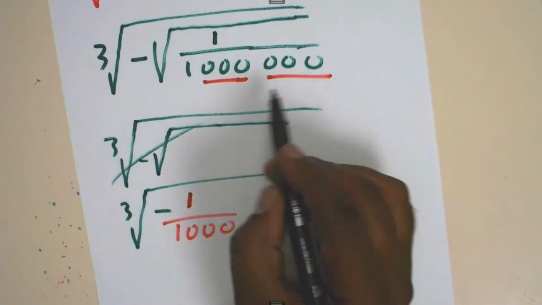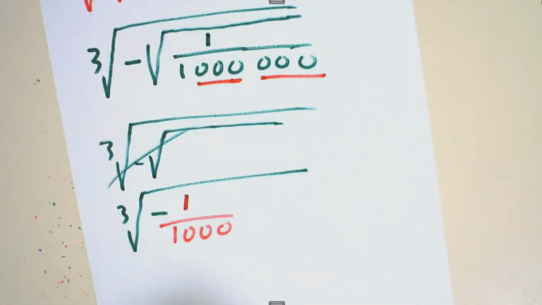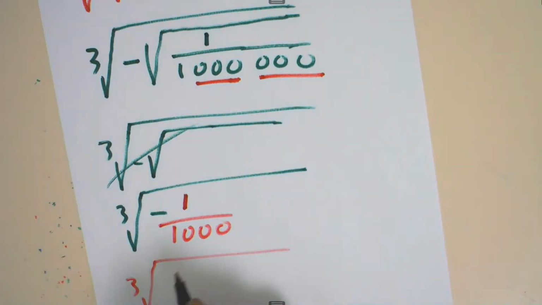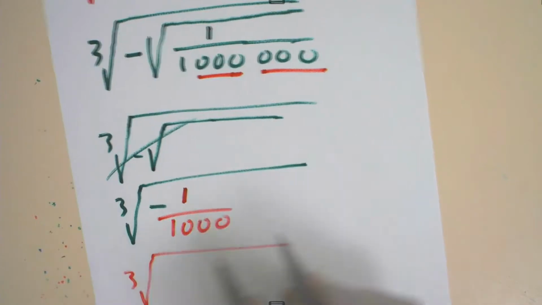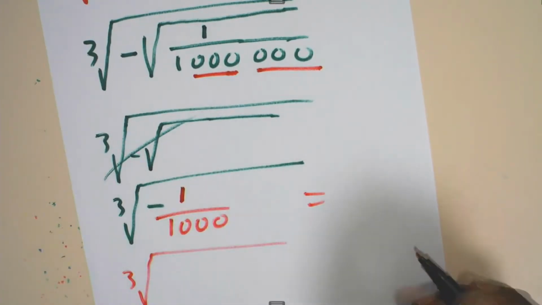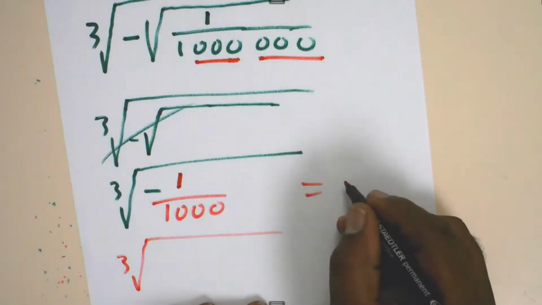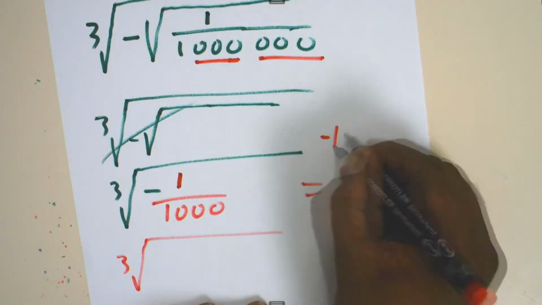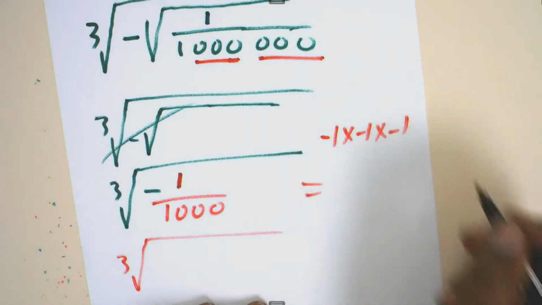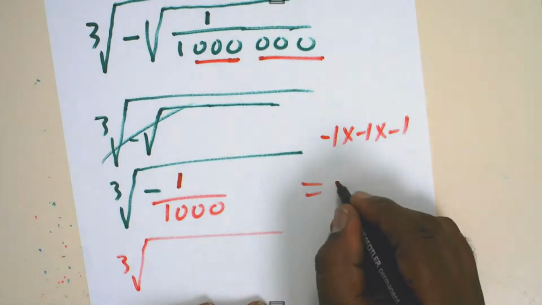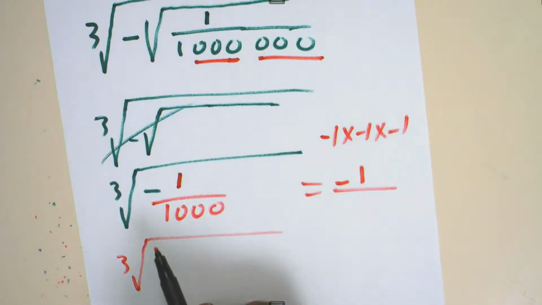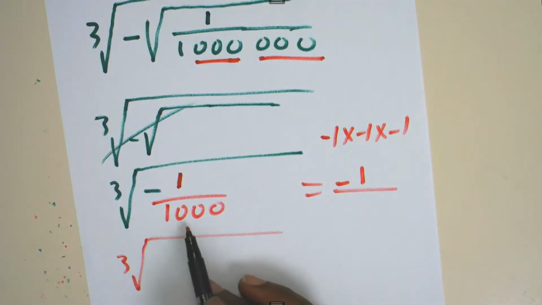What makes -1 a cube root? -1 by -1 by -1 gives you -1. What makes 1,000 a cube? 10 by 10 by 10. It means it's a 10.